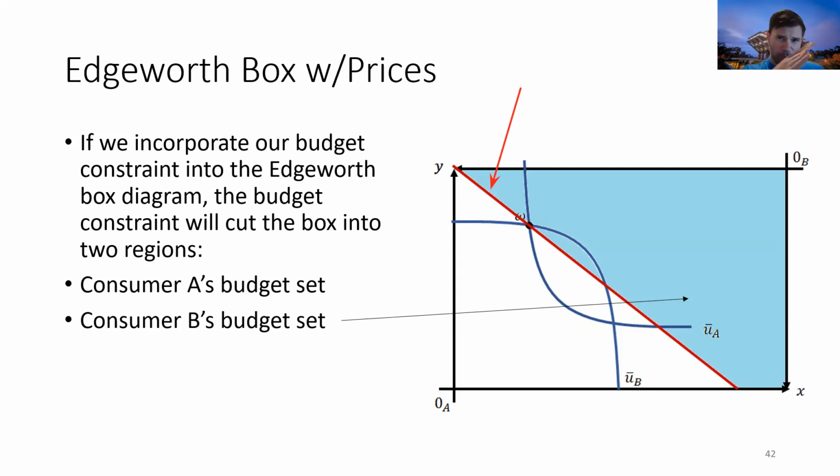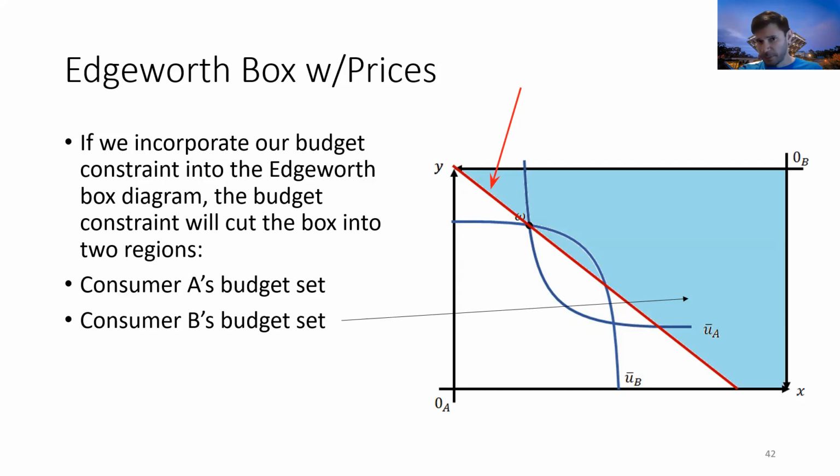So we can see the prices divide the feasible region of the Edgeworth box into these two respective budget sets. And given both of these budget sets, we can think about the question, what would the utility maximizing solution actually be for each agent if they face those prices?